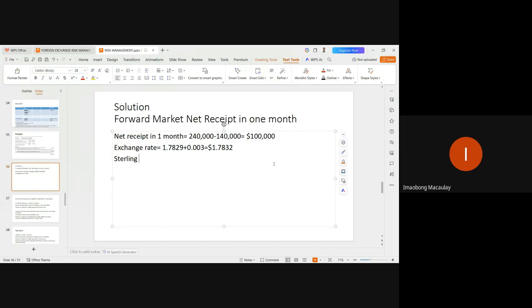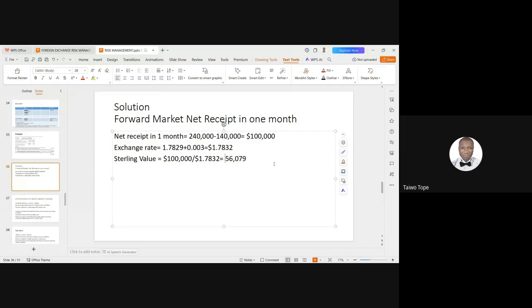The sterling value will be 100,000 divided by 1.7832, and this will give us 56,079.